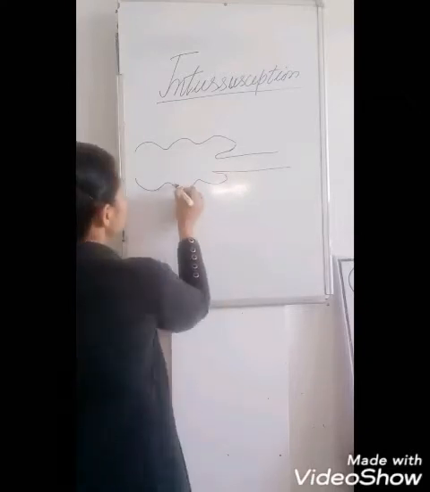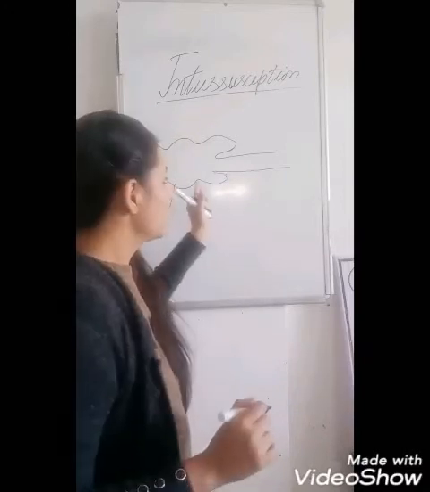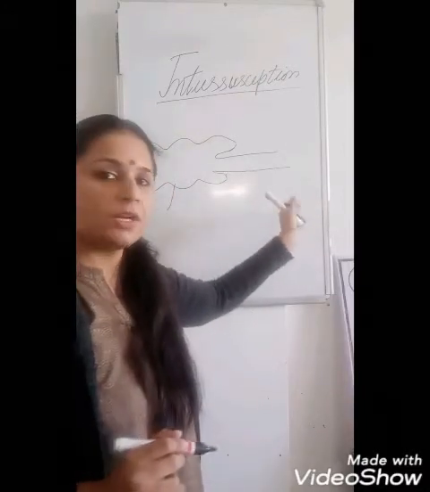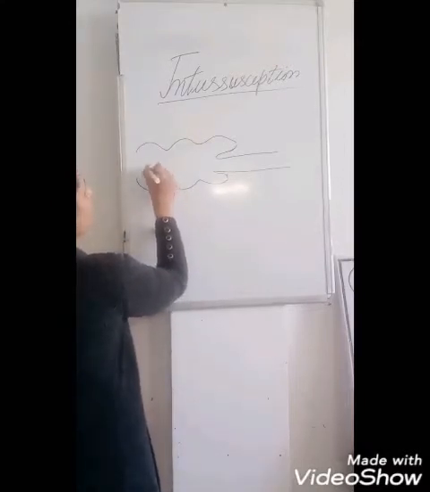So this is the outer tube. It receives the inner tube. This is the outer tube, which I am marking with 1.